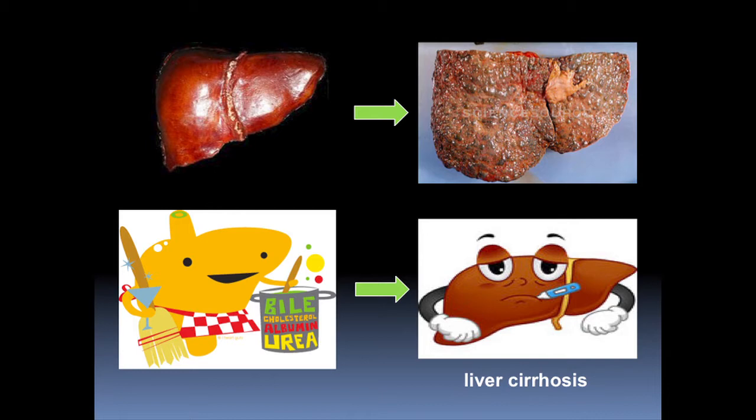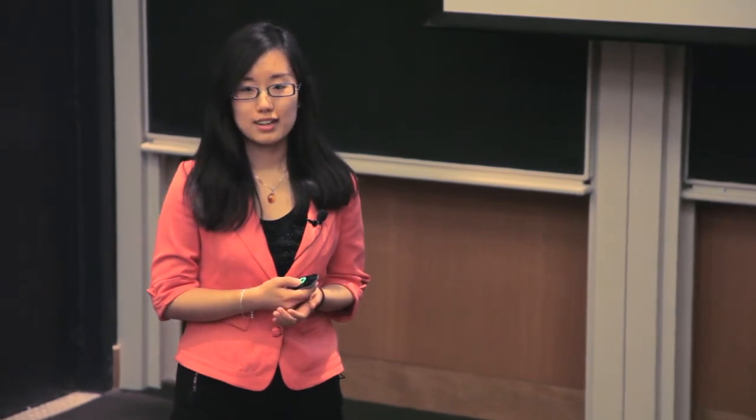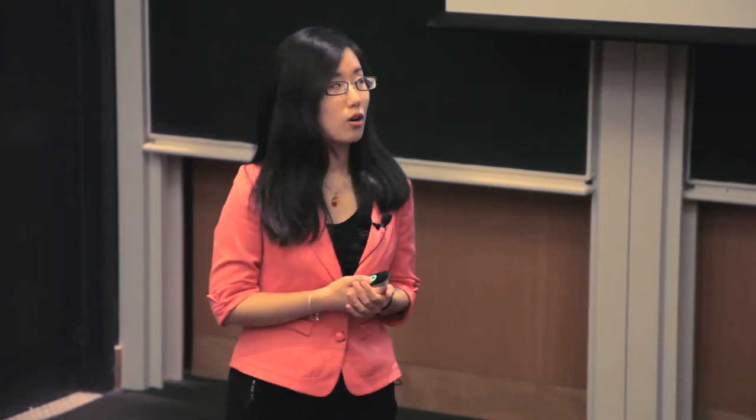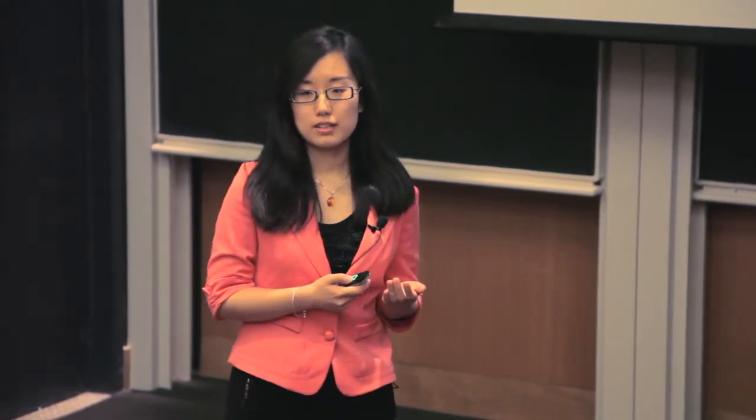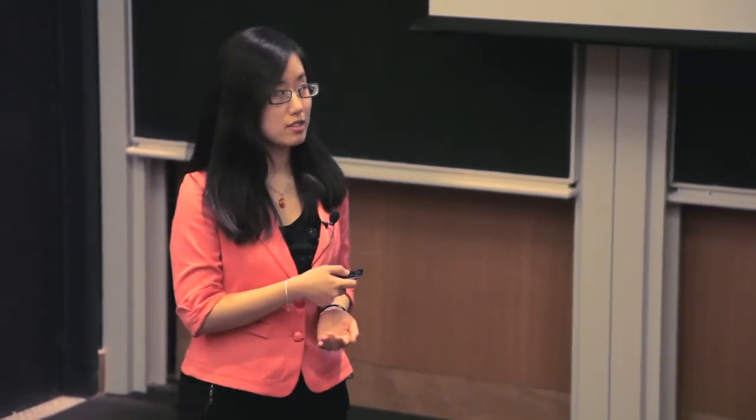The healthy liver cells will be replaced by scarring cells, and it can be caused by many factors. For example, drinking too much alcohol, having diabetes, or maybe being infected with hepatitis B or C viruses.